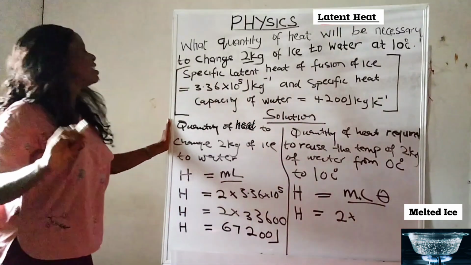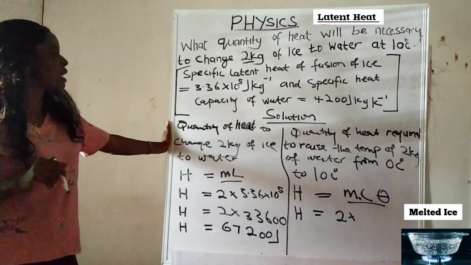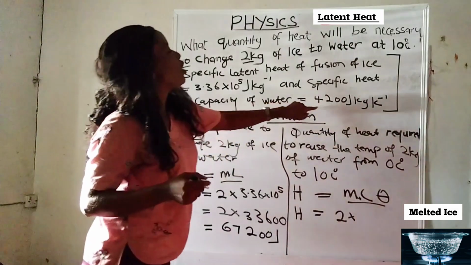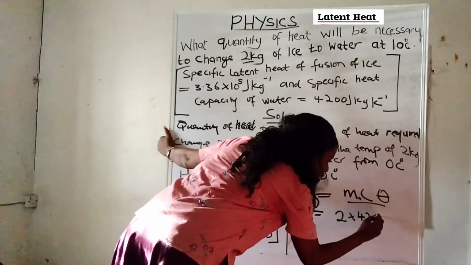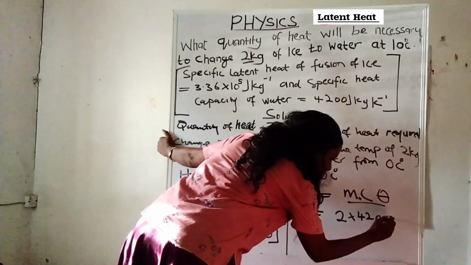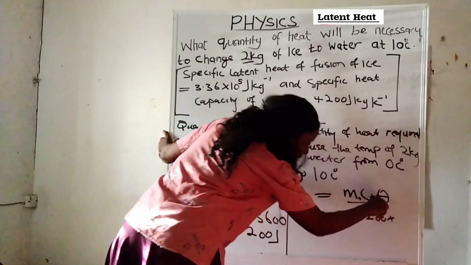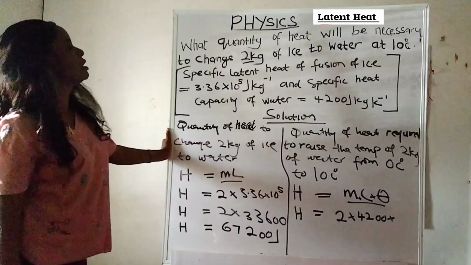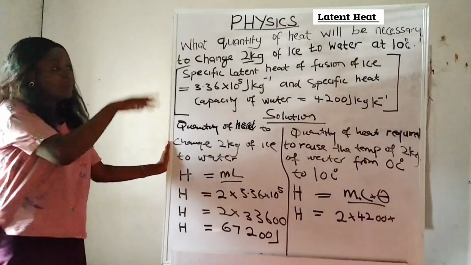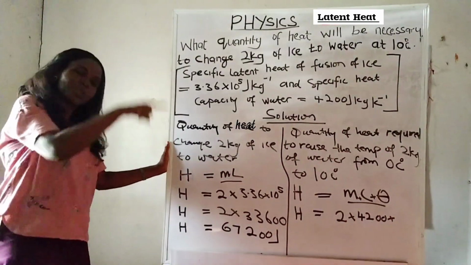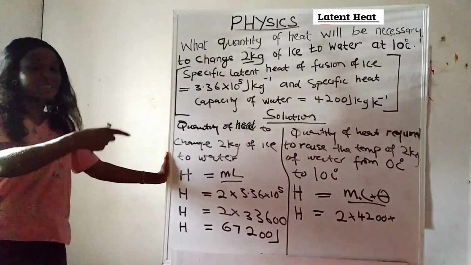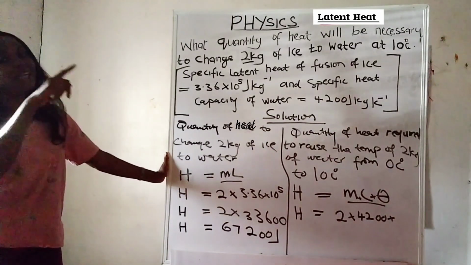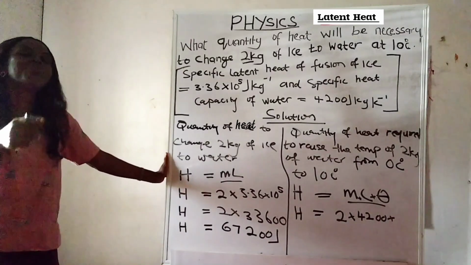C is simply the specific heat capacity of water, and they give it to us as 4200. So I write 4200 here, times theta, that is temperature change. What is the temperature change? We want to change it from 0 to 10. So 0 is theta 1, while 10 is theta 2, and we normally say theta 2 minus theta 1.